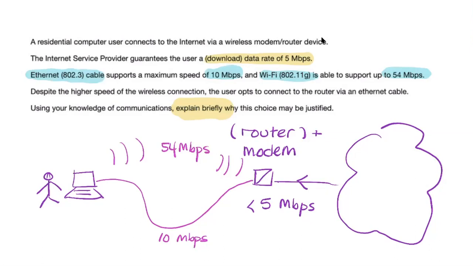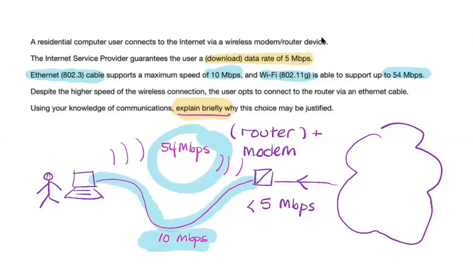So this particular user chose to connect using Ethernet. And the question is, why? Why use Ethernet when you have Wi-Fi available? So why settle for a lower connection speed when you have a higher connection speed available?